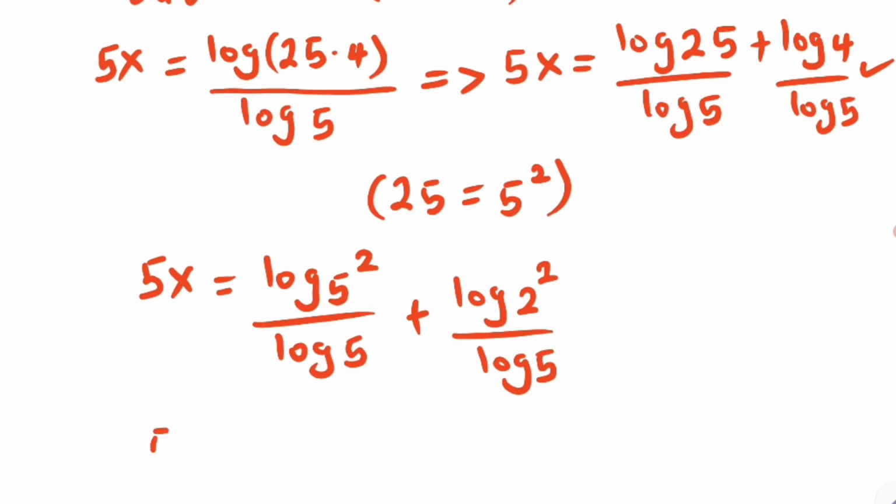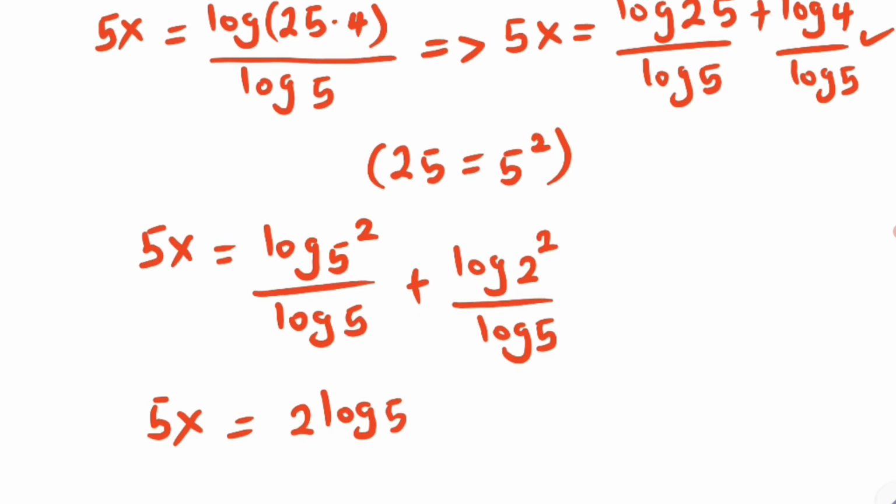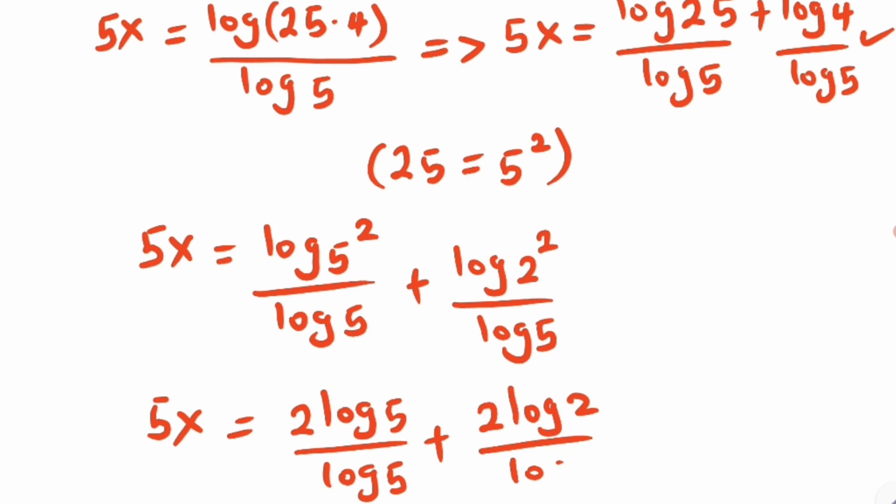Then we have 5x is equal to 2 log 5 over log 5 plus 2 log 2 over log 5.